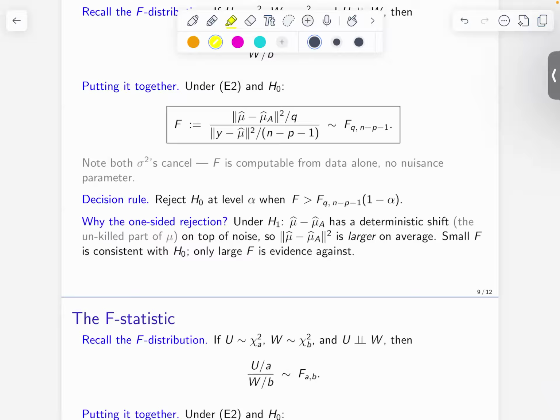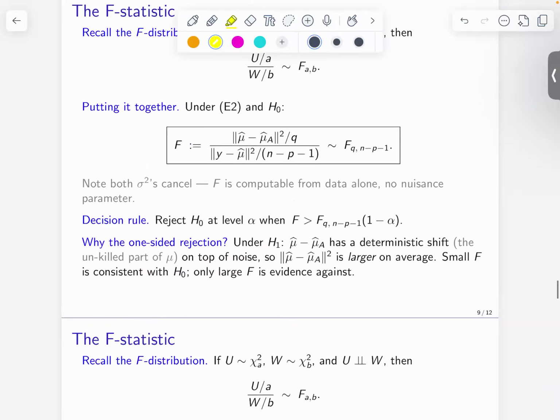Yeah, so this is why we do one-sided. It's good to think about because you could imagine that maybe under the null, this is F, but under the alternative it would be smaller rather than larger, but it's going to be always larger. So under the null, this is going to be on average always larger.